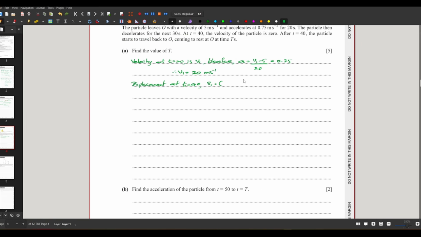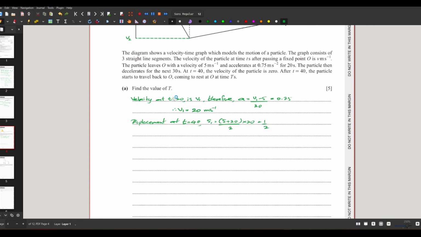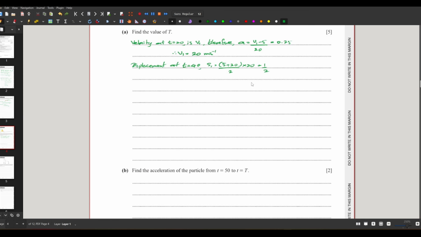So I can write here 5 plus 20 divided by 2 multiplied by 20, plus we have the triangle. The height of the triangle is 20 and the base is 40 minus 20, again 20. So this is 20 times 20, and when you simplify, you will have 450 meters.